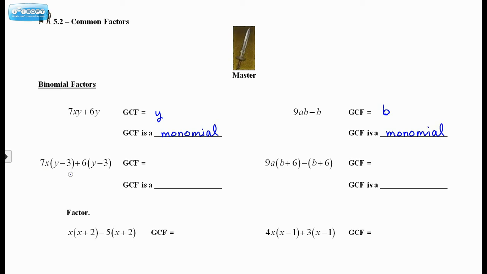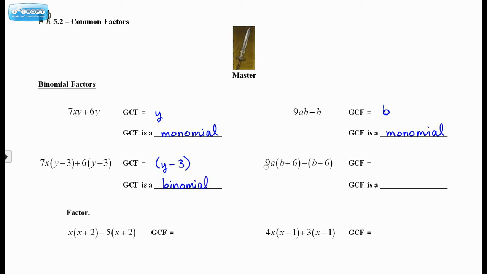So, in fact, the greatest common factor is the y minus 3, because both of these terms contain a y minus 3. This has a 7x, this has a 6. There are no common factors there. So the y minus 3 is the best that we can do. But in this case, the GCF is a binomial, but you can treat it as if it's one thing, one term, so to speak.